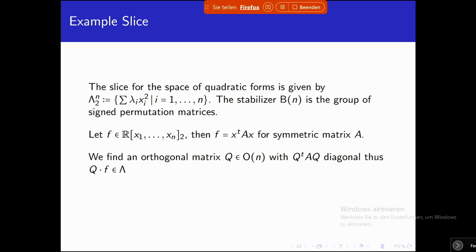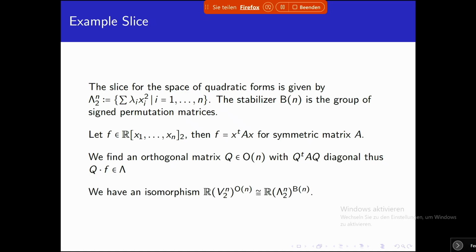And now to go from this slice to a general slice, we can use the harmonic decomposition of the polynomials, which is basically, we find that the space of quadratic forms is always a subspace, in some sense, of the space of degree 2d polynomials.